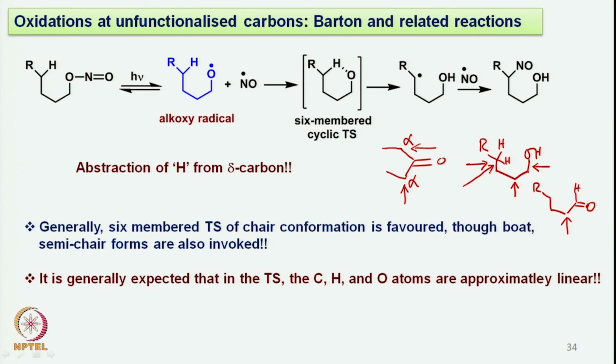That is what has been done by D.H.R. Barton, who got the Nobel Prize in 1968, and he has shown how this type of nitrate esters can be utilized for the functionalization or oxidation at unfunctionalized carbon.